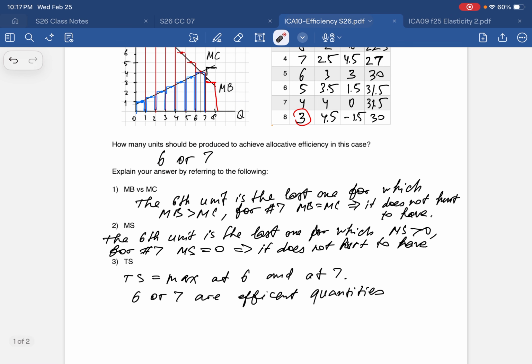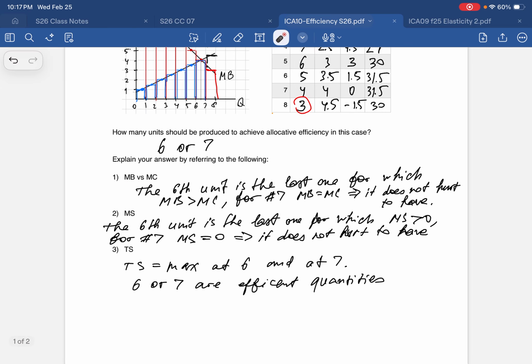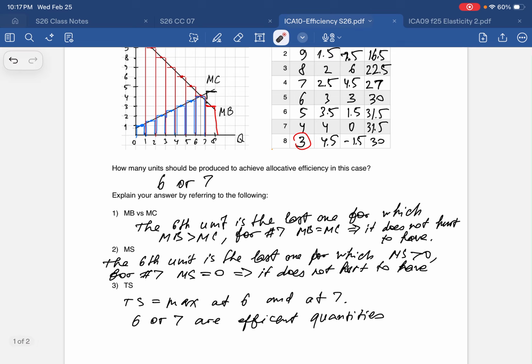Now, explain your answer by referring to marginal benefit versus marginal cost, marginal surplus, and total surplus. Actually, total surplus, I guess, is the easiest. You just look where you get the largest total surplus, and again, you see that both 6 and 7 are fine. So based on this logic, 6 or 7 are efficient quantities.